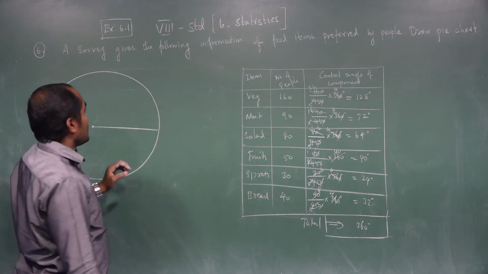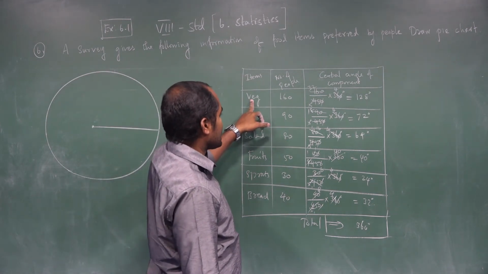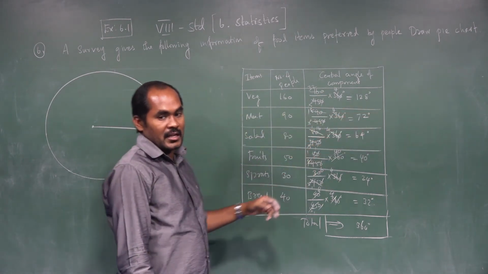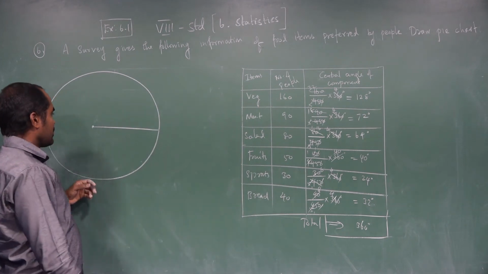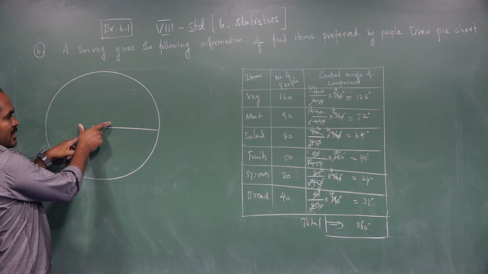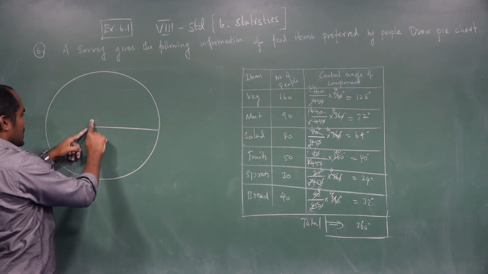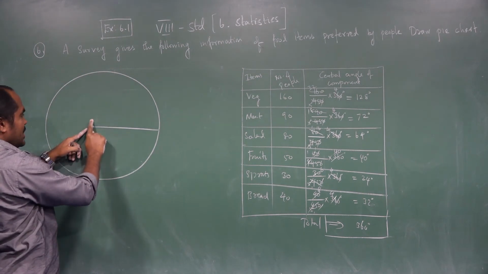So the first component is vegetable. What is the central angle of the first component? 128 degree. So take a protractor and fix it here. 128 degree is an obtuse angle. So this perpendicular line represents 90 degree.